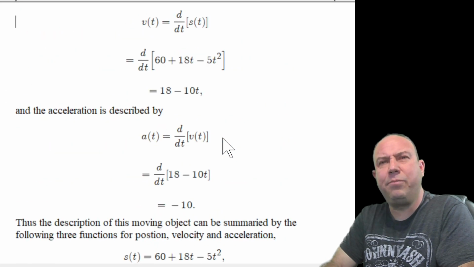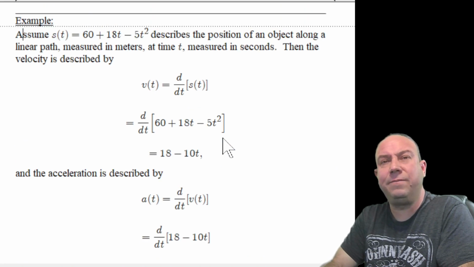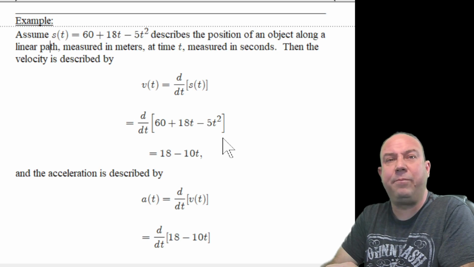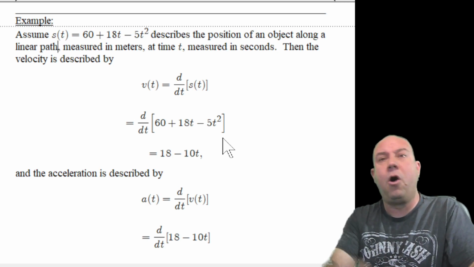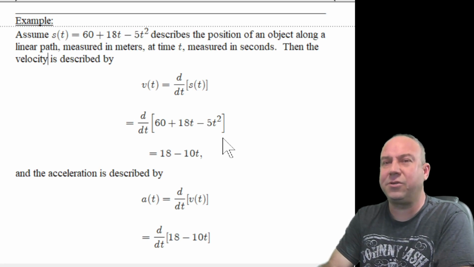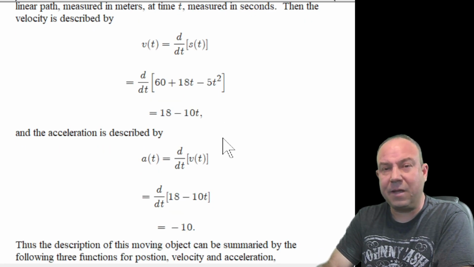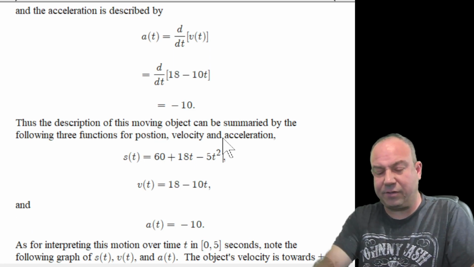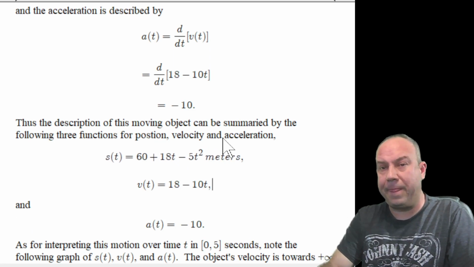Now, I did not put motion in here. Maybe I should add that. Let's say here, it describes the position of an object in a linear path. Oh, it does say measured in meters at time t, measured in seconds. So if we go down here to some labels, let's just add these in here. This is going to be measured in meters.